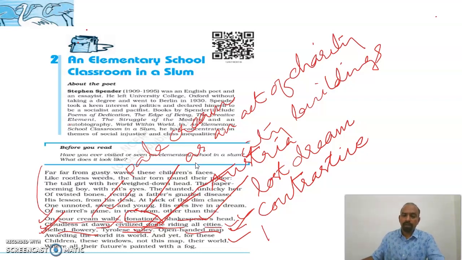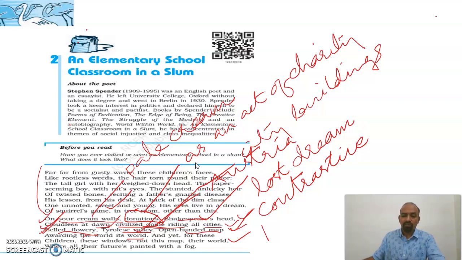This open-handed map awarding the world its world. It shows the children how this world looks like. You can find each and every country and place in the map. So the open-handed map is awarding people its world.